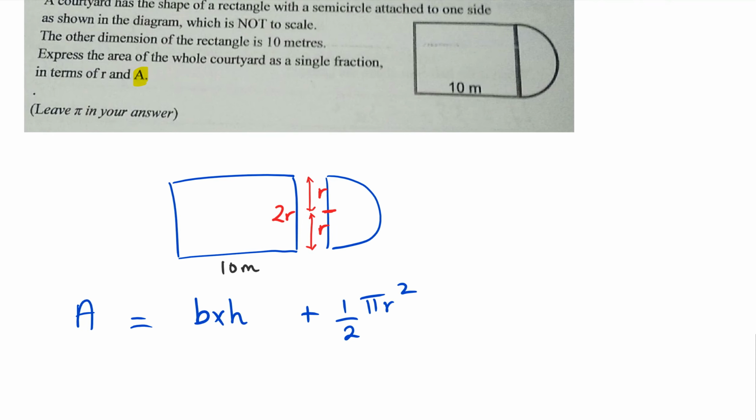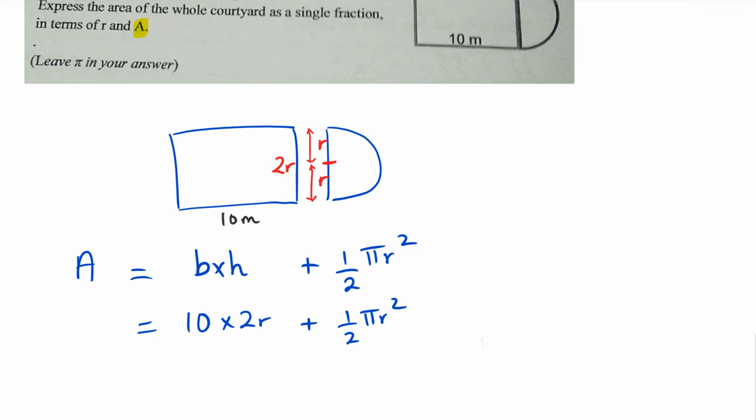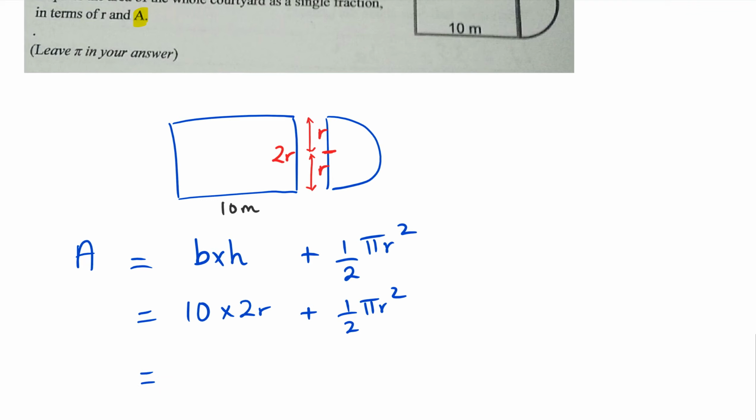Now the base for the rectangle is 10, and the height is 2r, plus half pi r squared. We can't really do anything with that, so we're just going to leave it as it is. As for the rectangle, 2r times 10 is 20r, plus a half pi r squared.